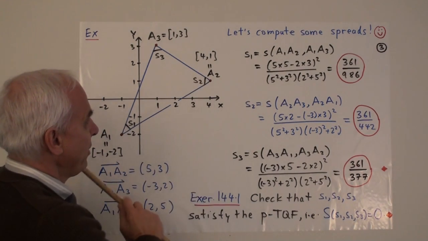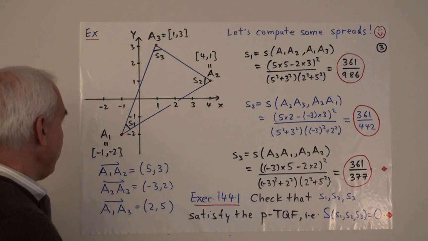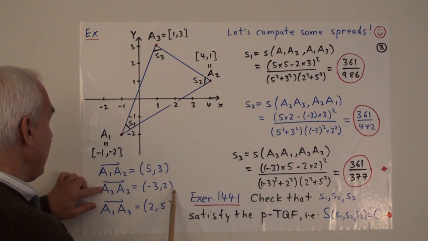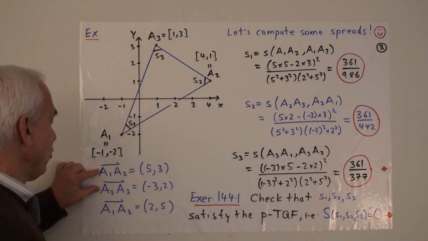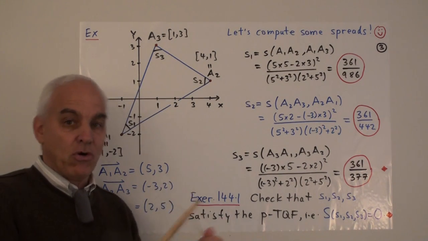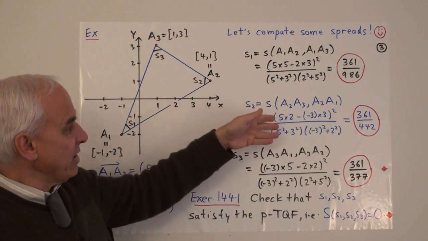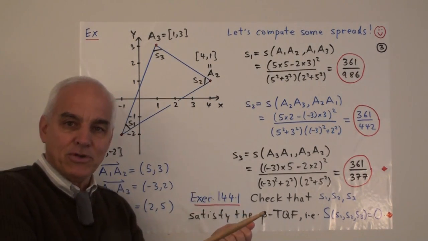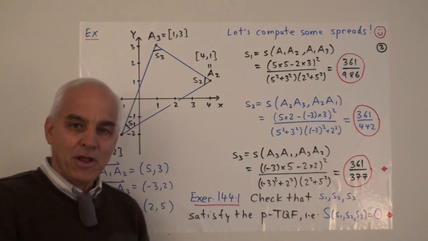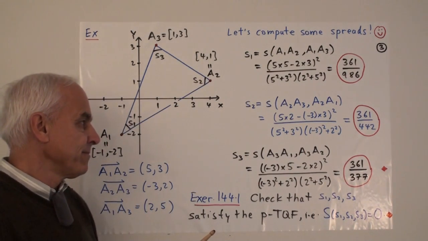Similarly, S2, the spread between these two lines. So we're talking about the vectors A2A3 and A1A2. And it doesn't matter whether we use that vector or a multiple of it or its negative, because the expression is homogeneous. Whatever multiple you introduce in the numerator gets cancelled out with the corresponding thing in the denominator.